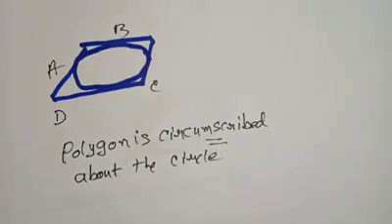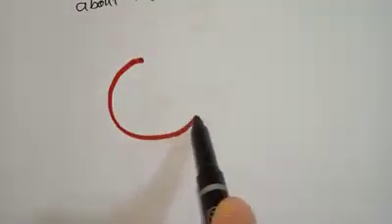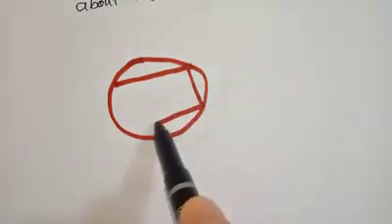Now for example, if we take another figure, it would look something like this. Say I take another figure. So we take a circle like this, and we draw a polygon like this.